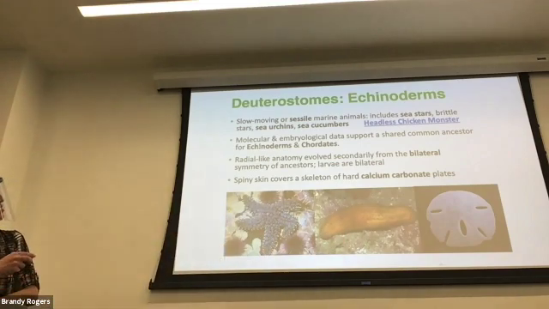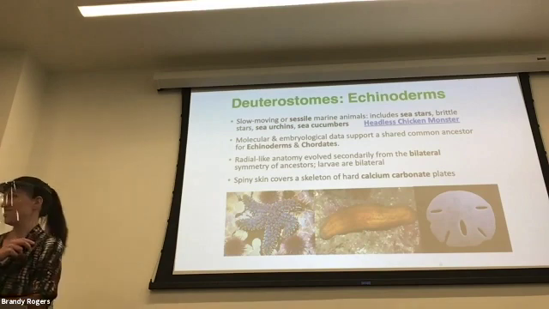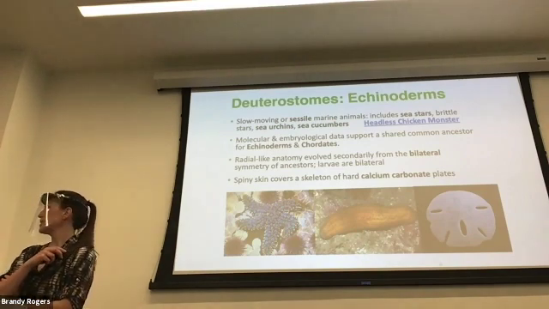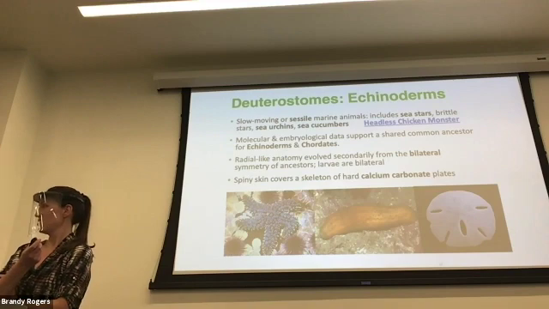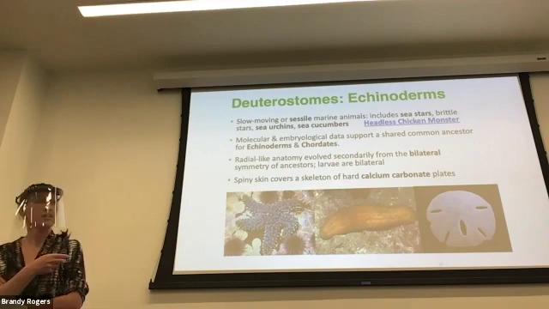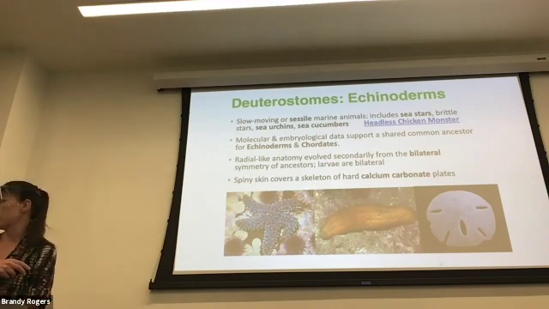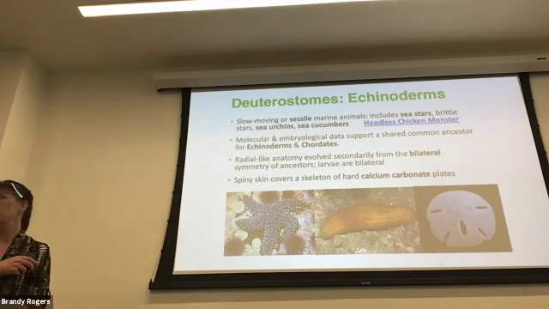So echinoderms are named for their spiny skin. That's what echinoderm means. And, this is an important point, they sort of look radial. Didn't we say that everybody beyond the point of the split with Cnidarians were bilaterally symmetric? We did, right? So these guys would kind of look radial. They're not.